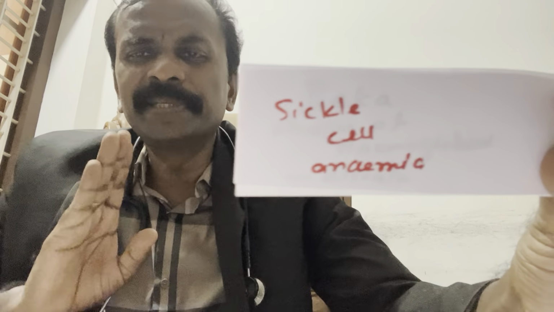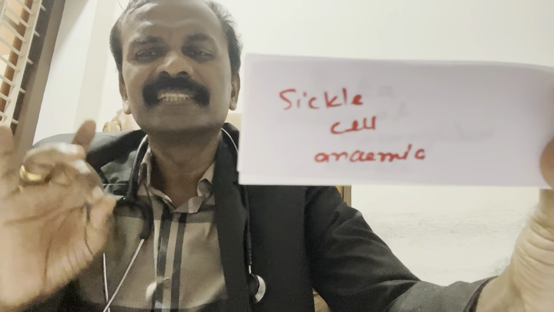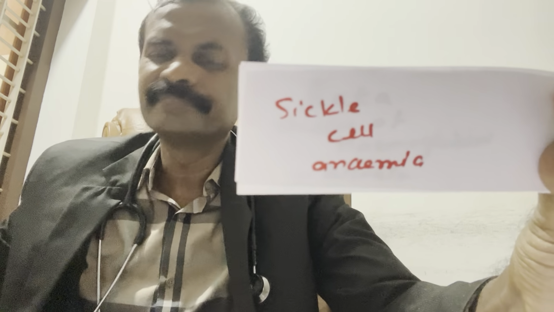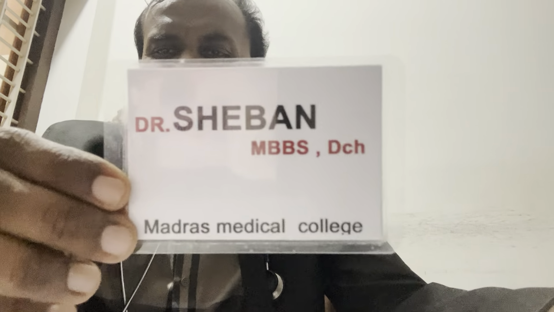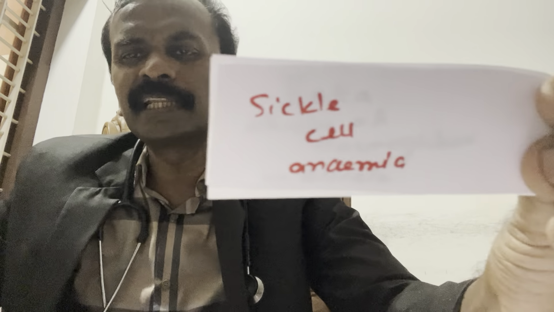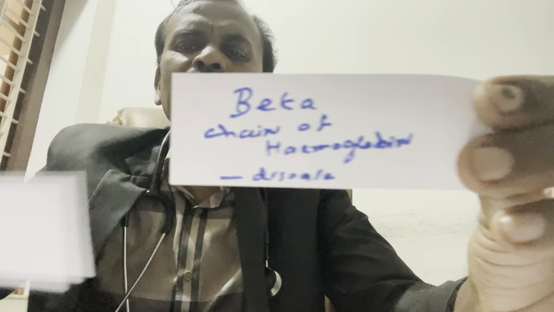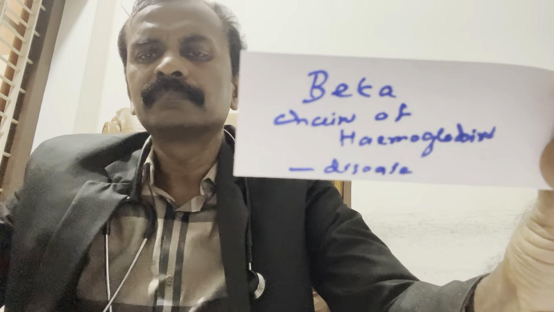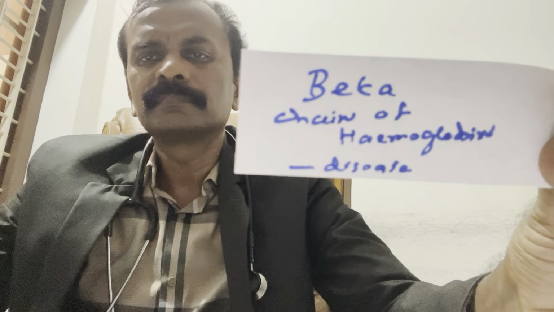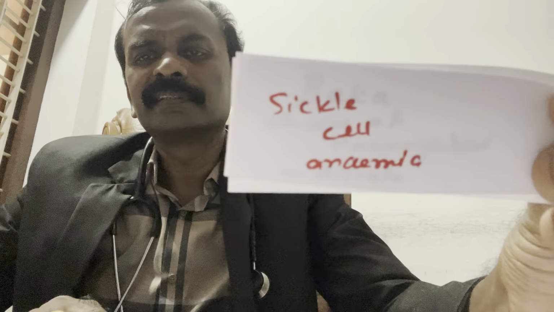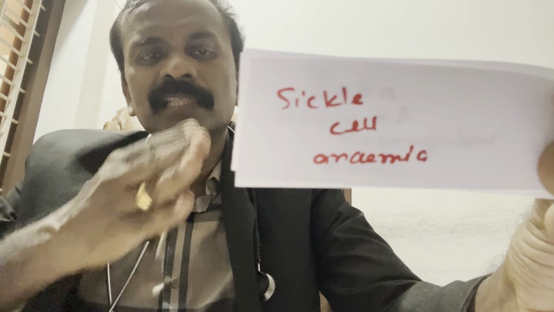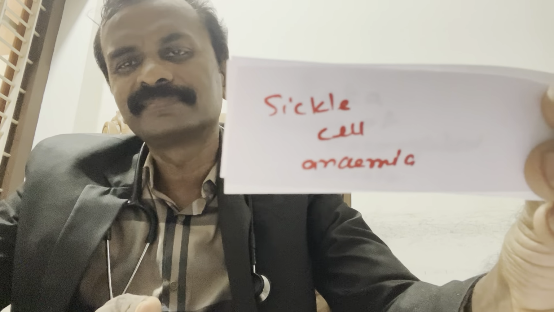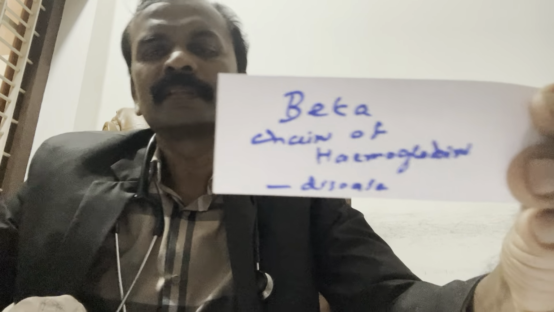Whenever you hear the word beta chain, just remember sickle cell anemia. Beta chain of hemoglobin, sickle cell anemia. Why am I repeatedly showing it 3 times? They have asked this question more than 30 times.